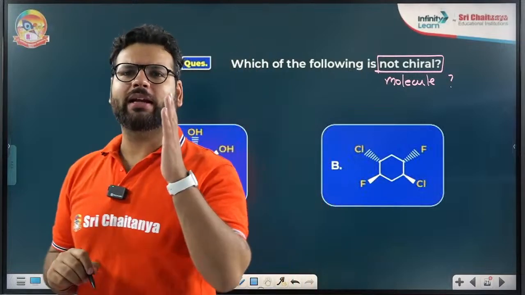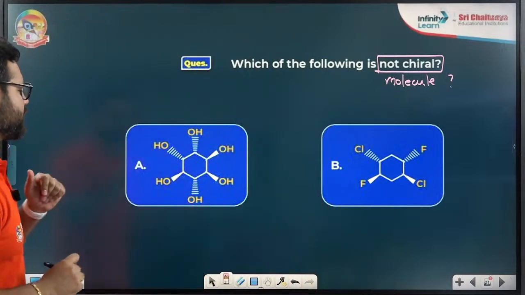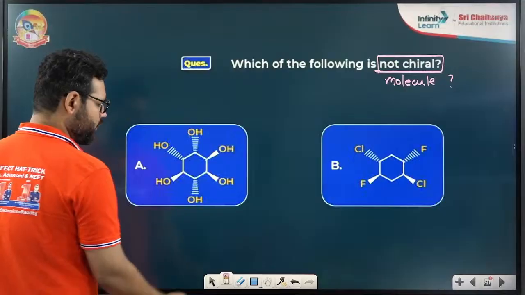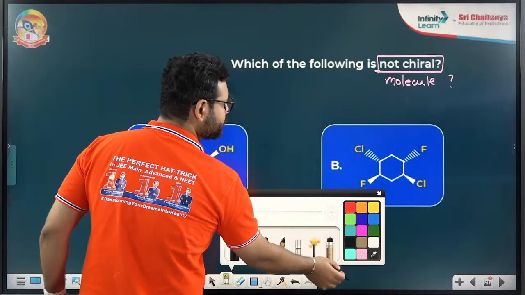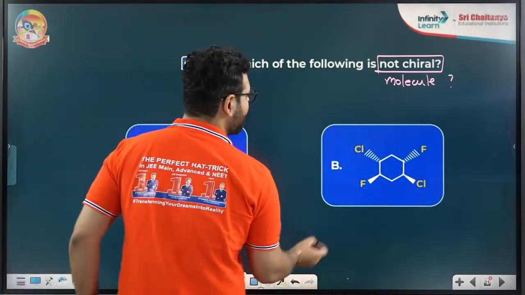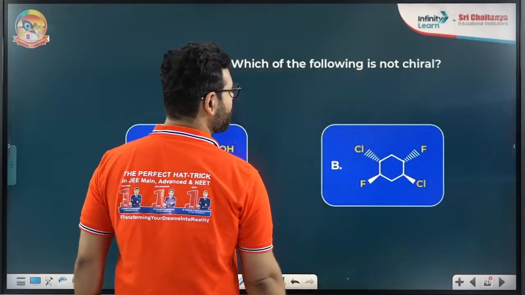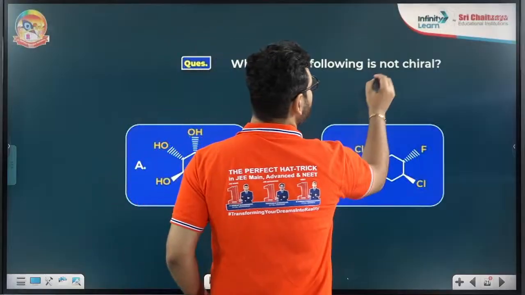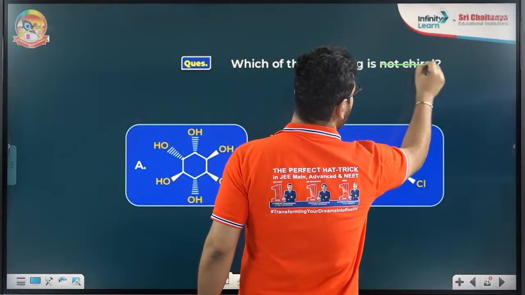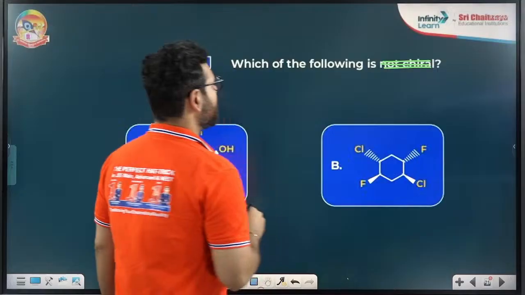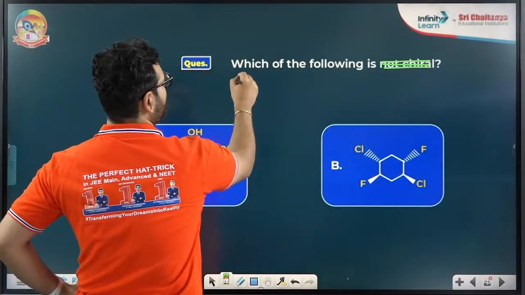Try to pass your hand through it and try to cut it into two equal halves. Or just tell me, maybe both of them might be not chiral because I did not take all the four options here. I've taken only two options here. Just tell me which is chiral, which is not chiral. Which of the following is chiral or achiral?